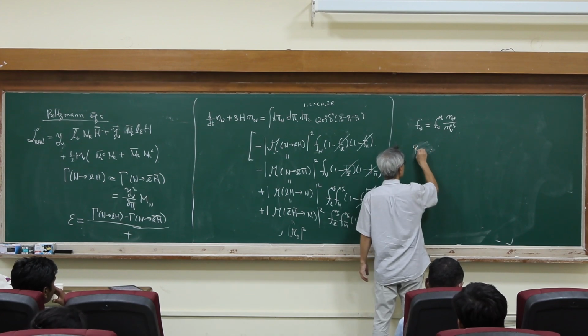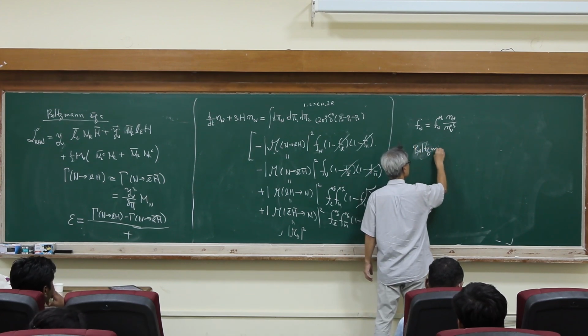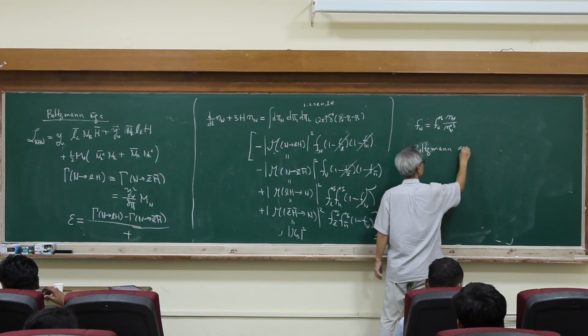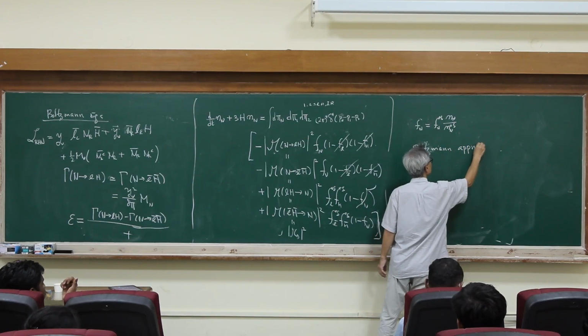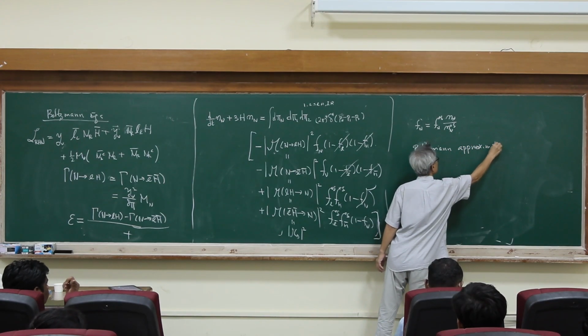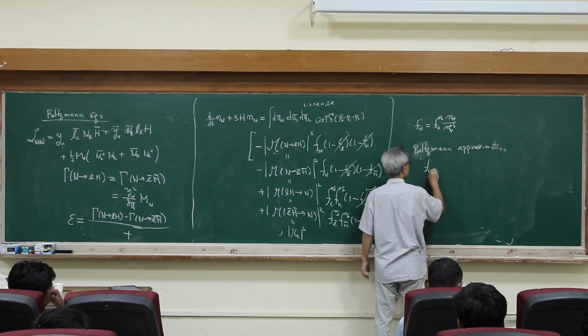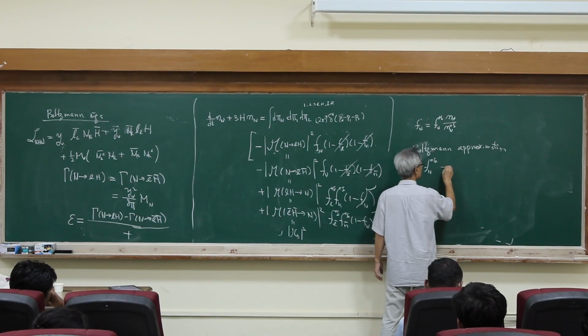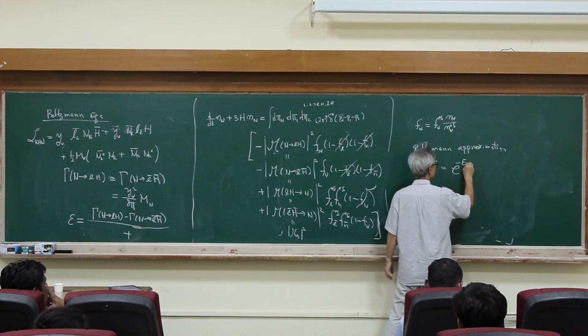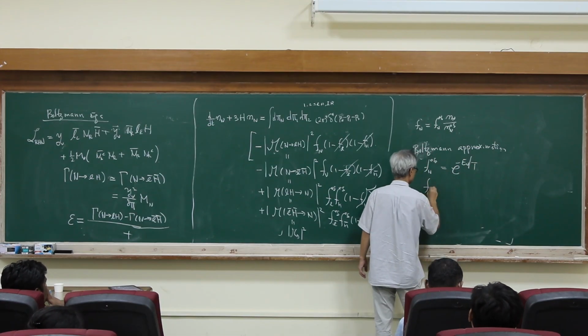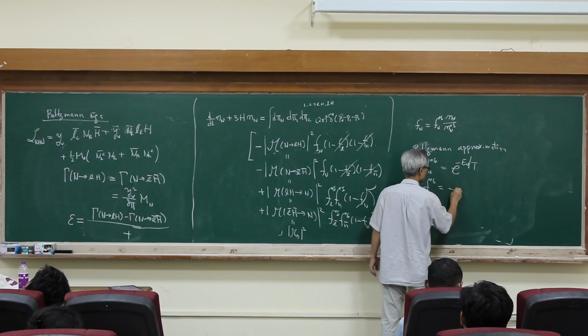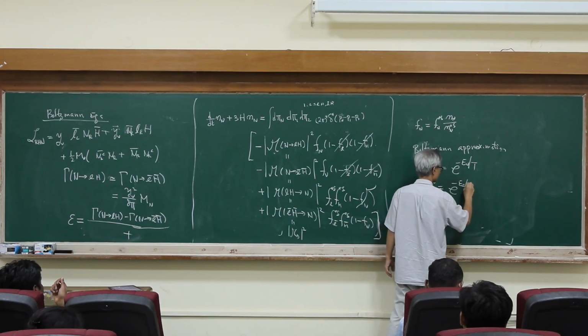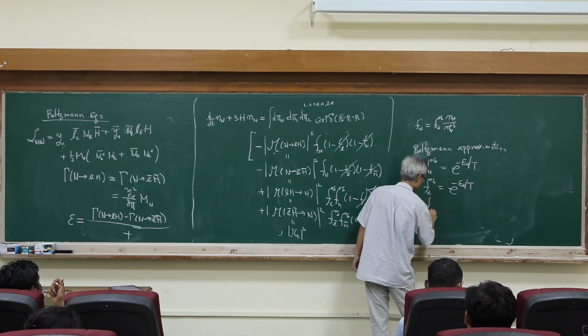So here we take a Boltzmann approximation, meaning that FNEQ, FLEQ, FHEQ.